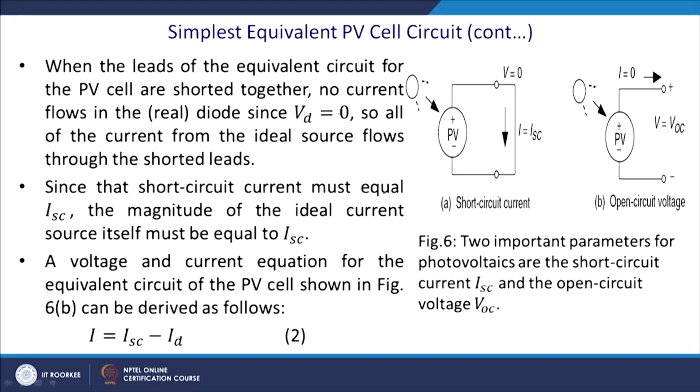Since the short circuit current must equal I_SC, the magnitude of the ideal current source itself must be equal to I_SC. Similarly, the voltage and current equation of this equivalent circuit of the PV cell are shown in figure 6b, where I equals I_SC minus I_D. So, this is basically the open circuit and this is basically the short circuit.